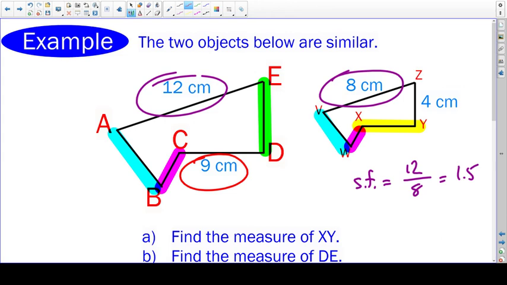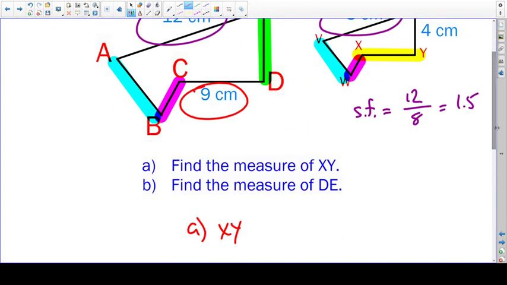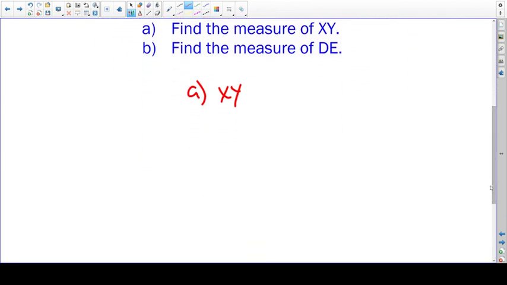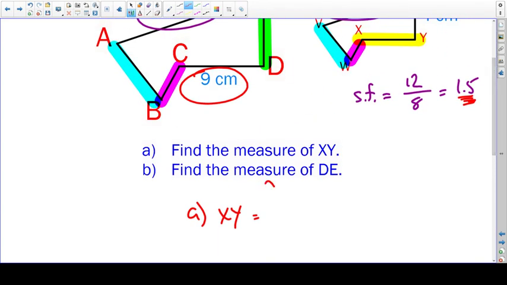And we know that 9 centimeters will be exactly 1.5 times bigger than XY. So to figure out what XY is, we are going to do something with 9 and something with 1.5. Now basically it's either going to be multiplying or dividing.